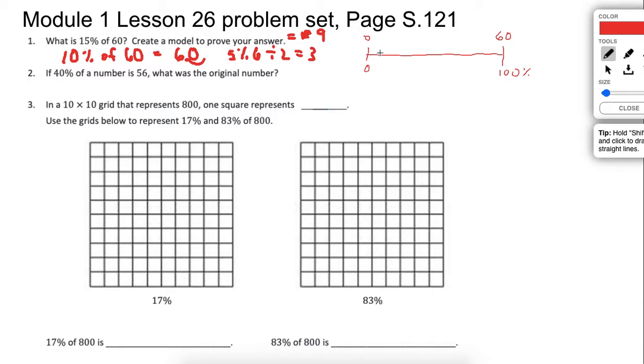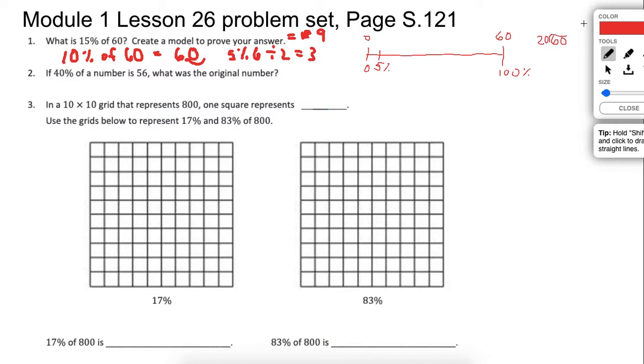Now, in this case, 15% can be made up of 5% pieces. So if we figure out what 5% is, that breaks up 100 into 20 pieces. So we need to take 60 and divide it by 20.